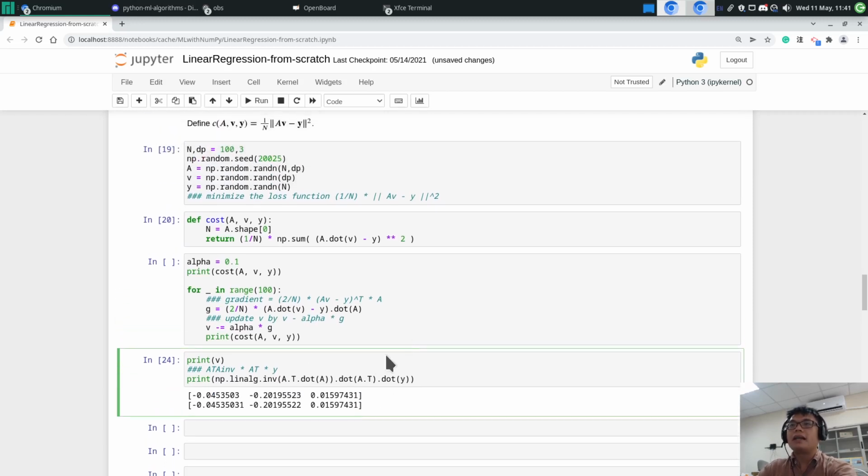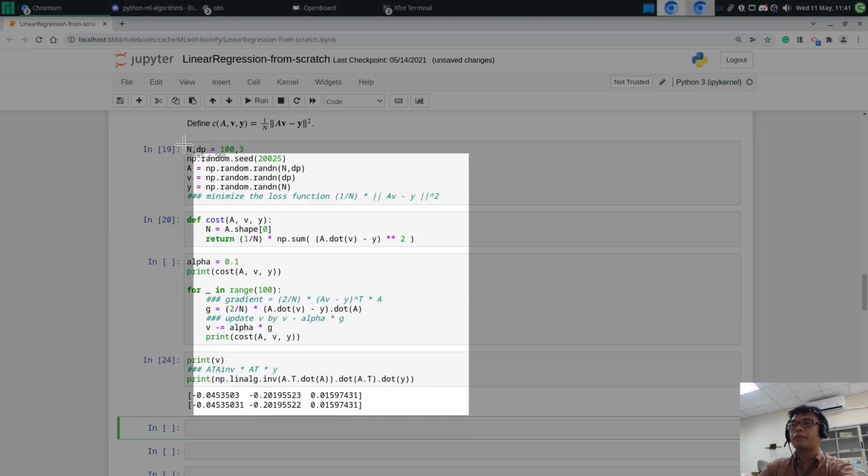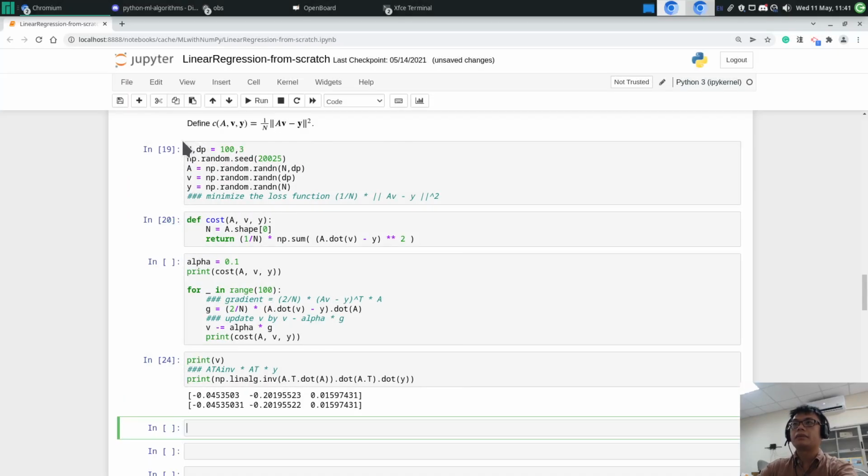So this is the idea of gradient descent, and I will copy that to the Discord.